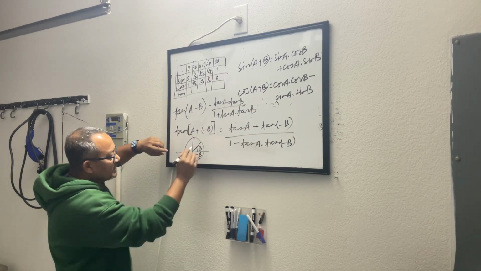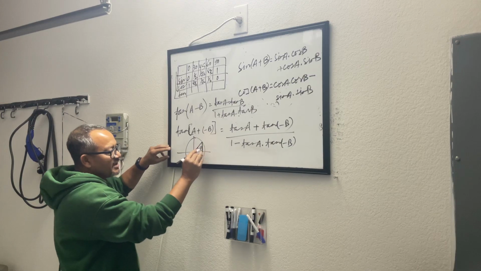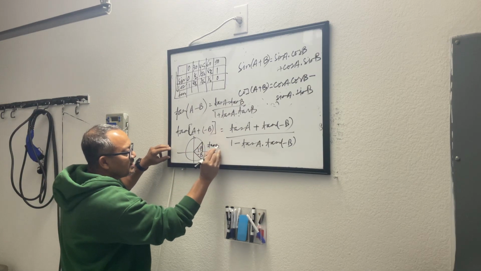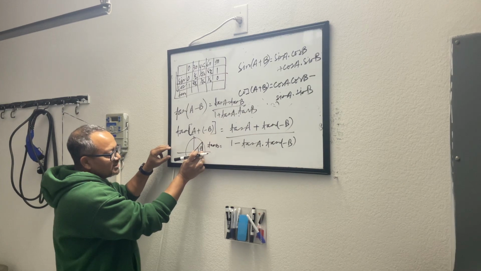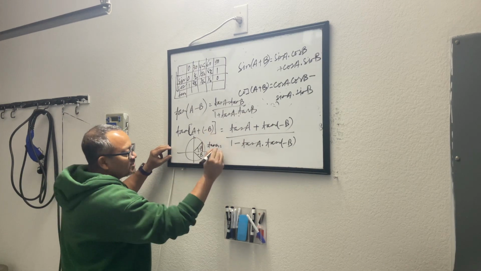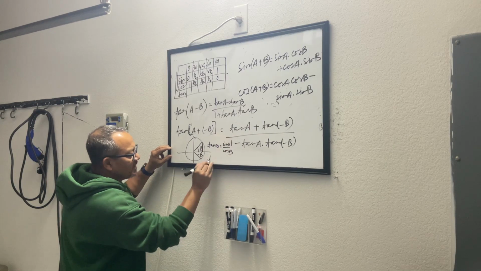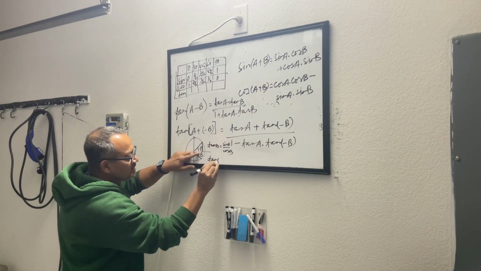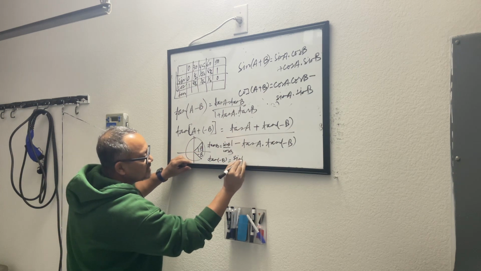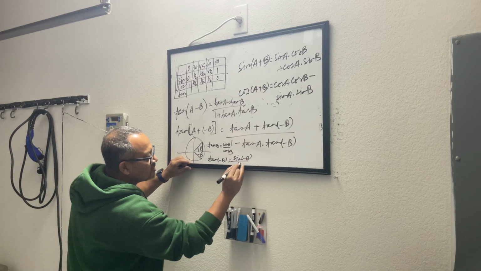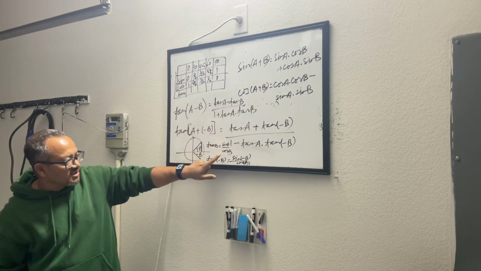So if I'm talking about tan of B, my x coordinate, I mean sine by cos. So it's sine of B by cos of B. When I'm talking about tan of minus B, I'm talking about sine of minus B divided by cos of minus B. Sine of B by cos of B, this is fine.